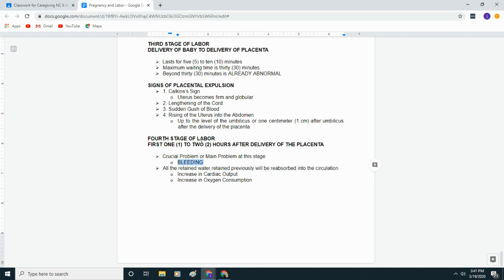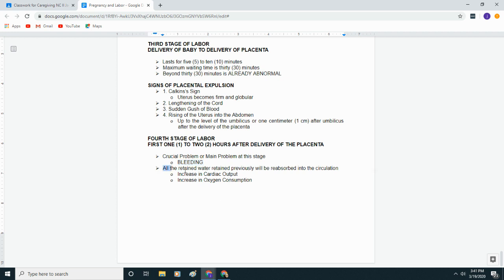Okay, so we have lochia rubra. Okay, lochia rubra. So that is for Diego's name, lochia rubra. Okay. So alam nyo naman yung mga signs ng lochia. Okay? So if lochia rubra extends for 5 days, it's irregular already.